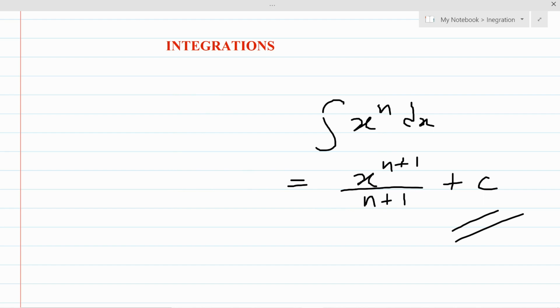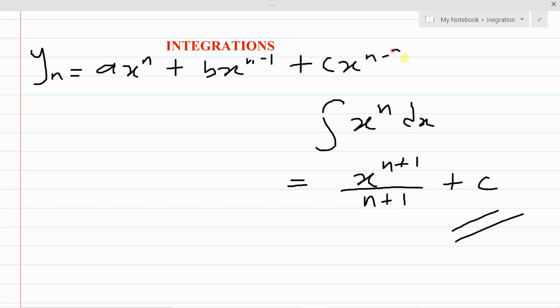Now let's look at something. If I have a polynomial of order n, that is ax to the power n plus bx to the power n minus 1 plus cx to the power n minus 2 plus, let's say, kx to the power 1 plus, let's say, l, where l is a constant this time.